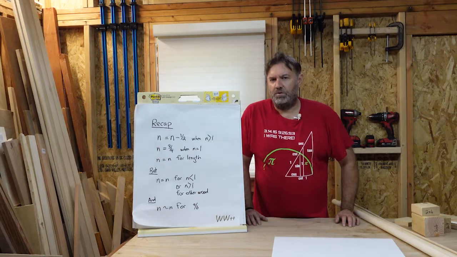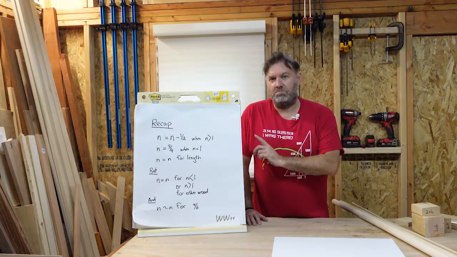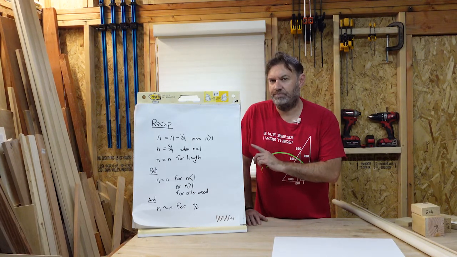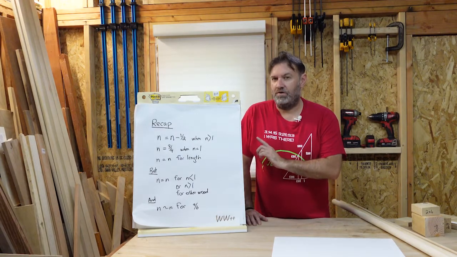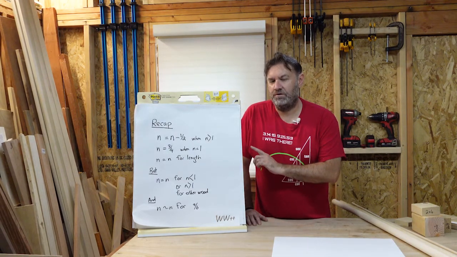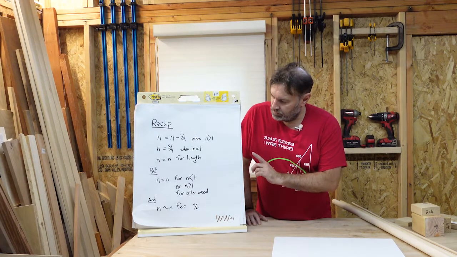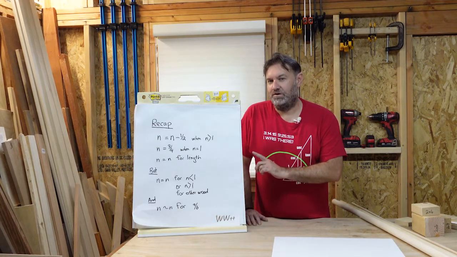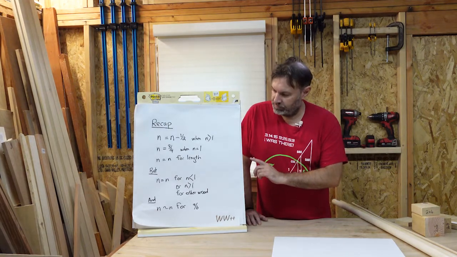So let's recap what we've talked about in this presentation. N equals N minus a half, where N is greater than 1, generally in units of inches. However, N equals 3/4 when N equals 1. N also equals N when we're referring to the length of the wood in inches or in feet.